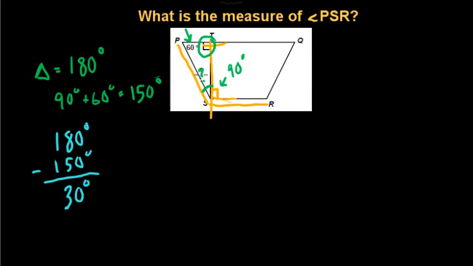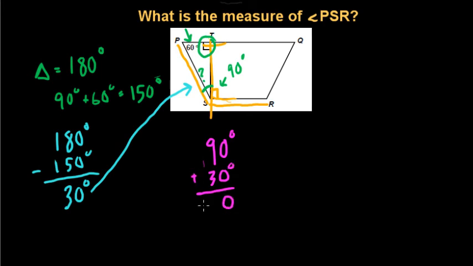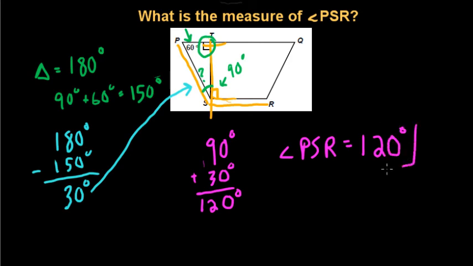So this angle right here is 30 degrees. The whole angle PSR is this angle plus this angle, so 90 degrees plus 30 degrees is 120 degrees. Angle PSR equals 120 degrees. That's our answer.